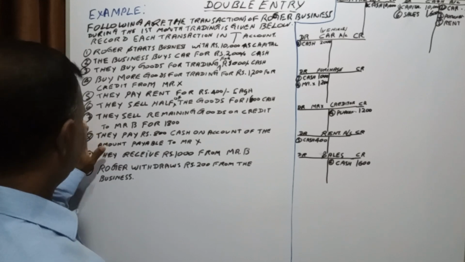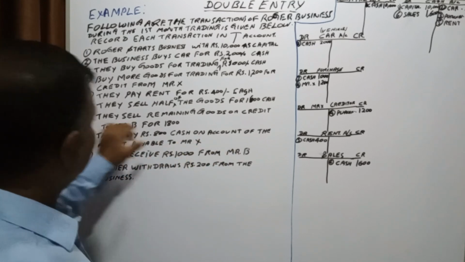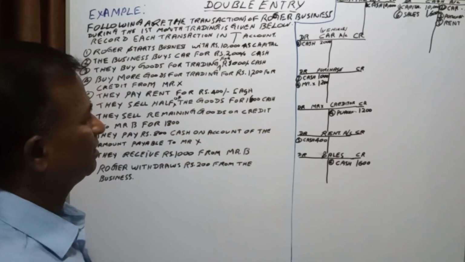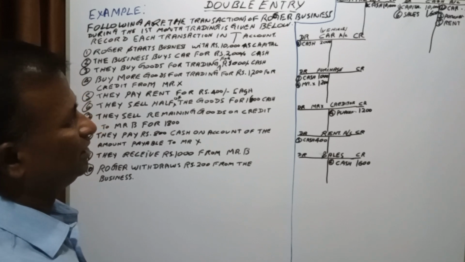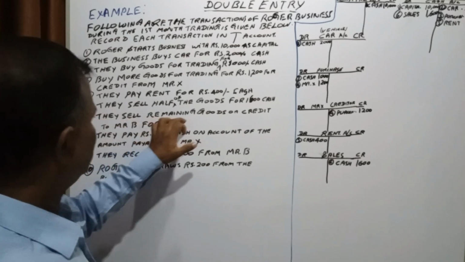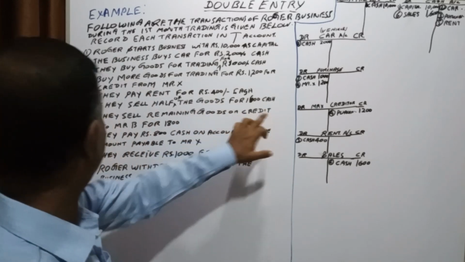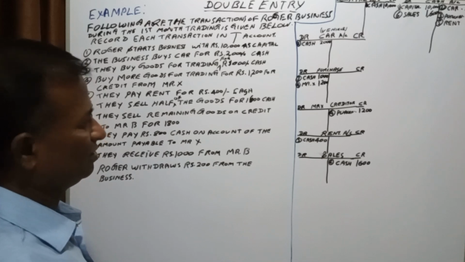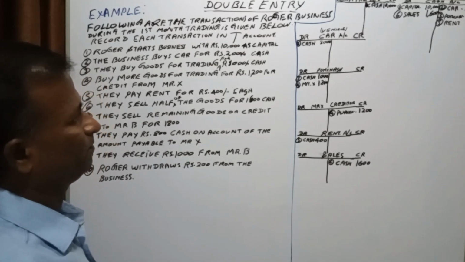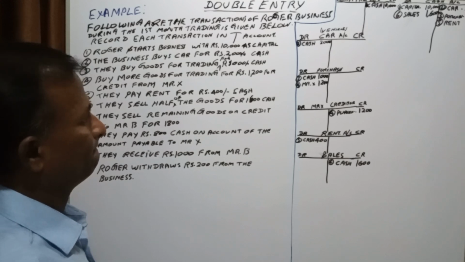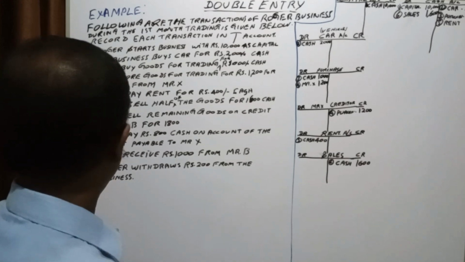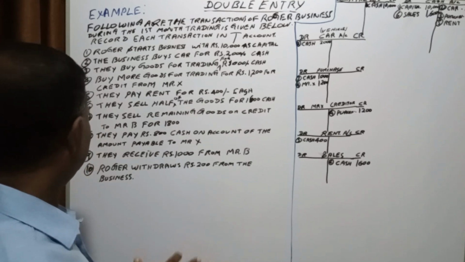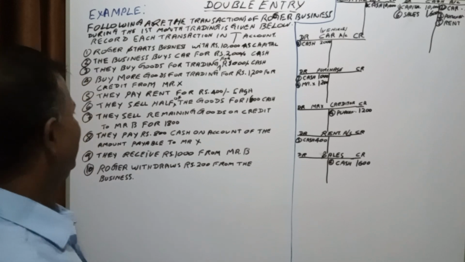Next one, number 7 adjustment. They sell remaining goods on credit to Mr. B for 1,600. Remaining goods. So who is the person to whom we are selling?